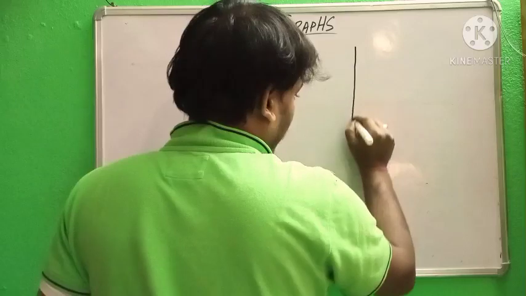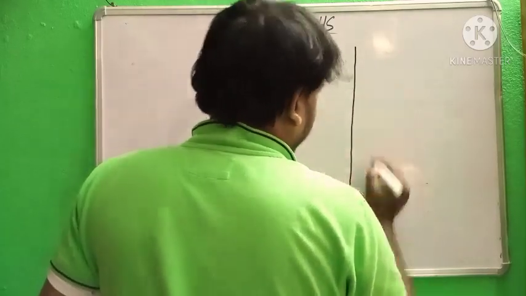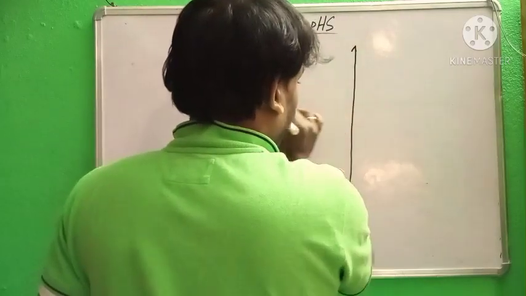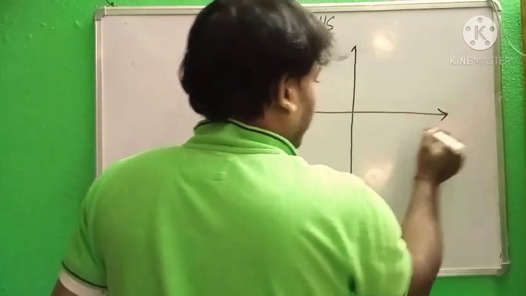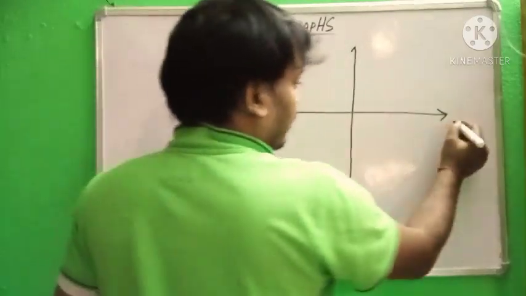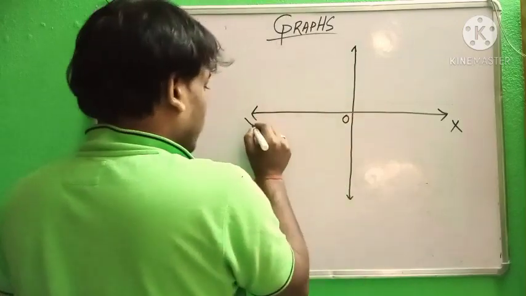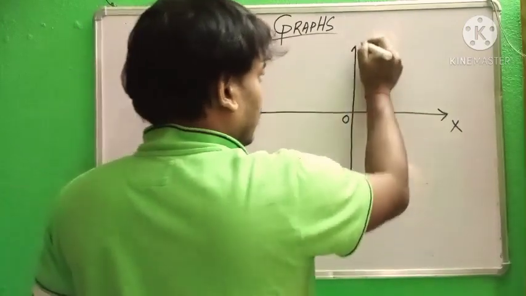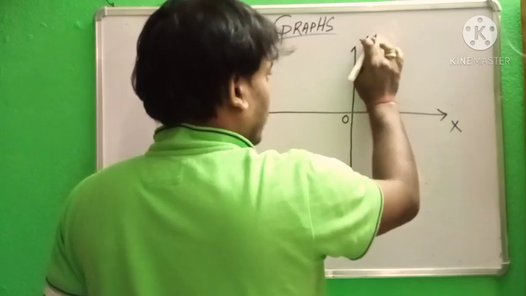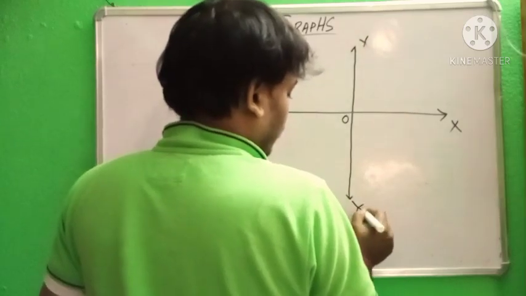Now I am going to draw two perpendicular lines. These two perpendicular lines I give the names X O X dash and Y O Y dash.